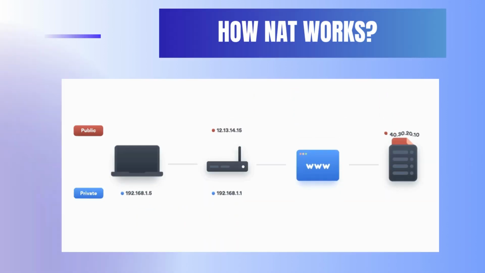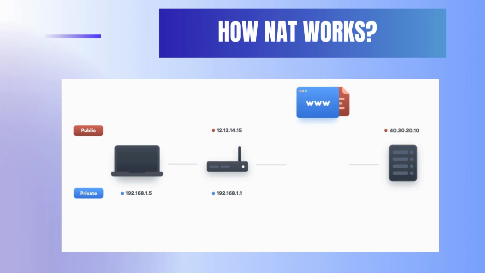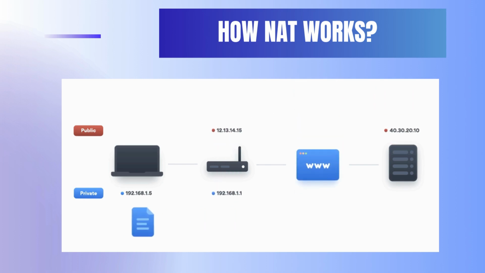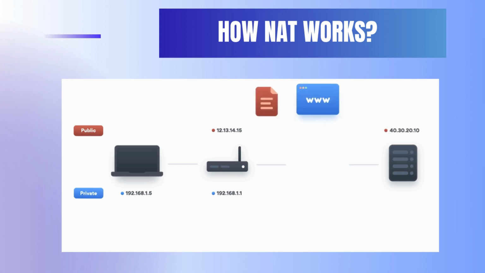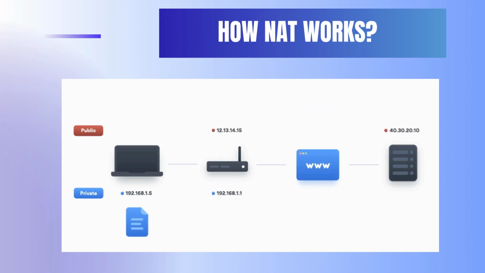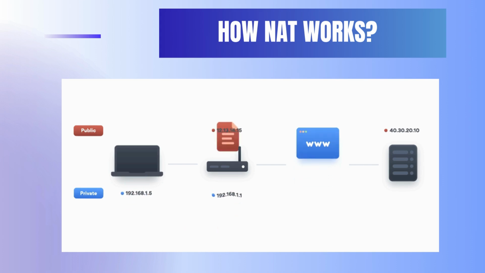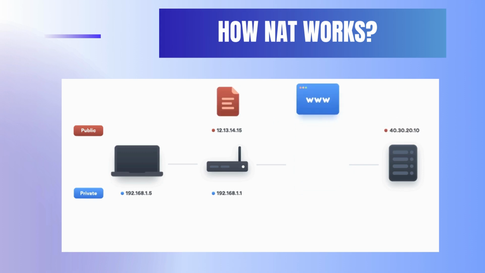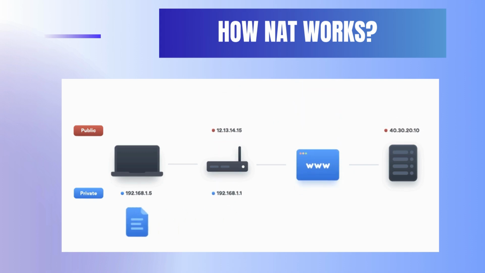So, how NAT works. This image illustrates the process of network address translation, which is used in computer networks to allow devices within a private network to communicate with devices on the public internet. Here is a step-by-step explanation of the NAT process shown in this image.